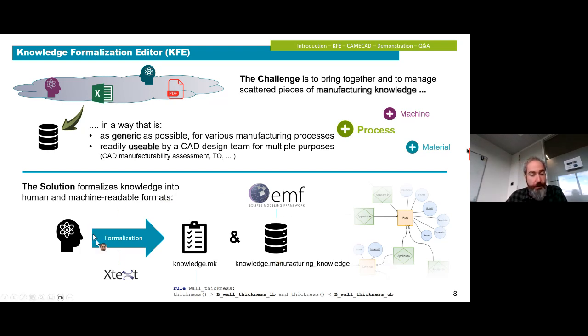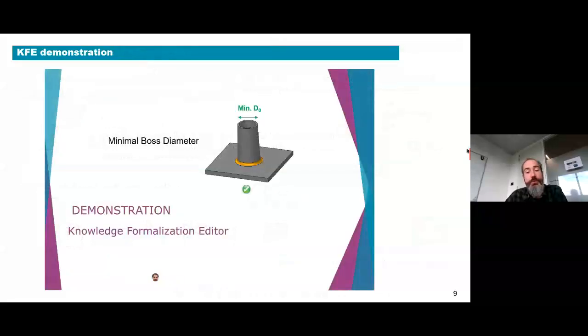So the formalization step as a user is what you see, and here we use the integrated development environment of Xtext to really make this a very user-friendly tool. And I will show you this with this example here. So say that we want to impose a certain minimal diameter for all the bosses that we have in our designs.